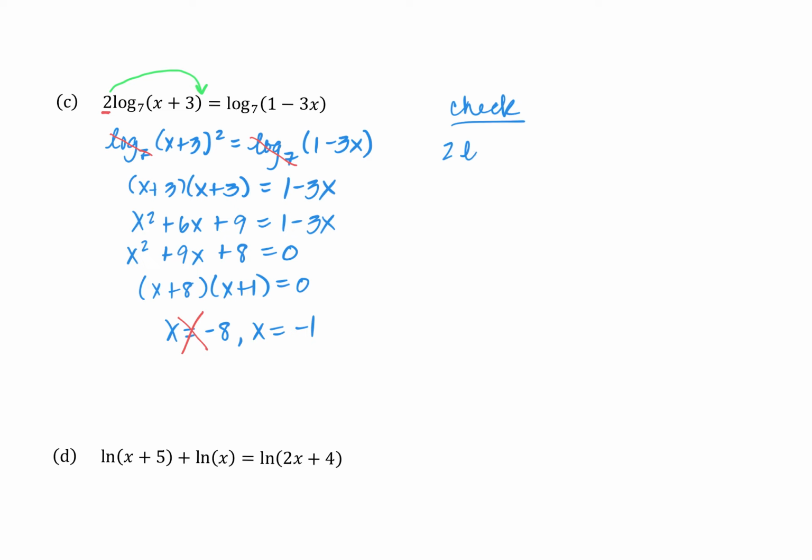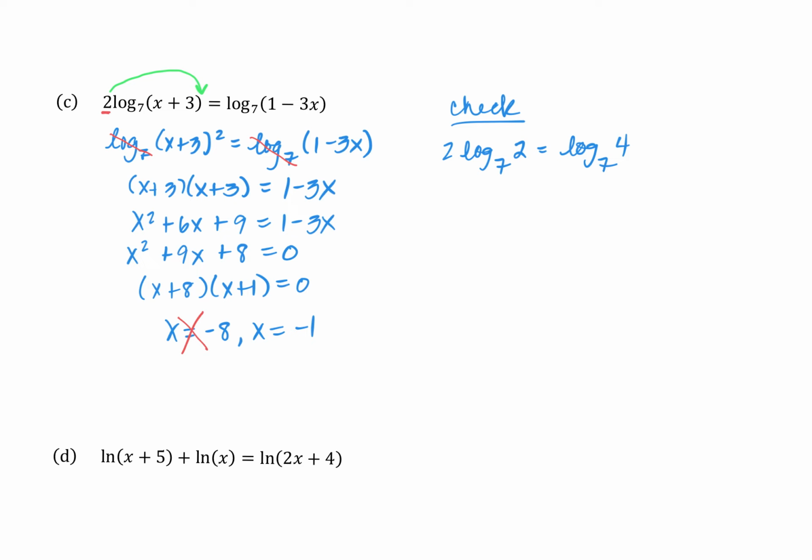So that would be 2 log base 7 of, if I put in negative 1, it becomes 2, equal to log base 7 of 1 minus a negative 3, so that's going to be 4.